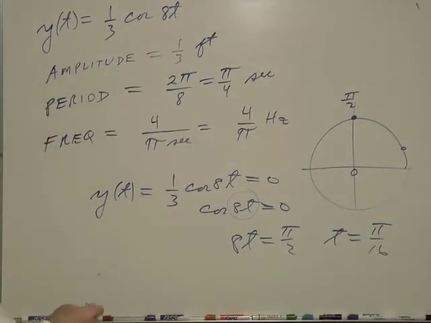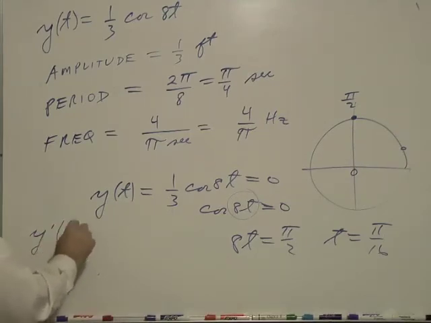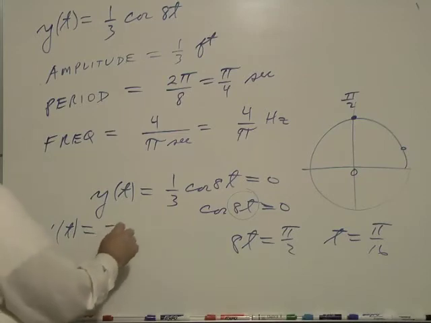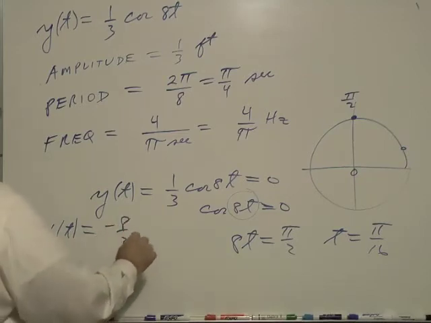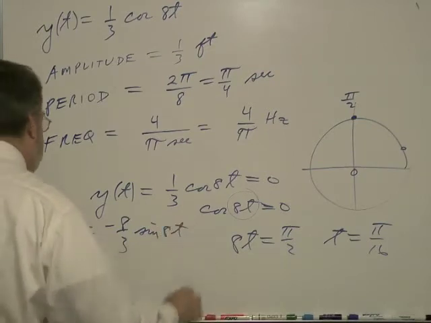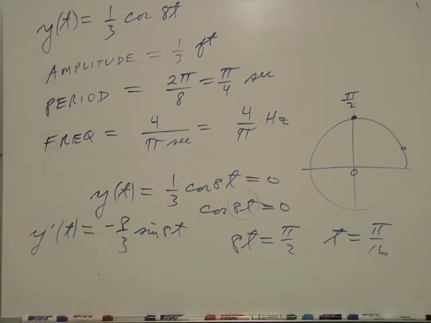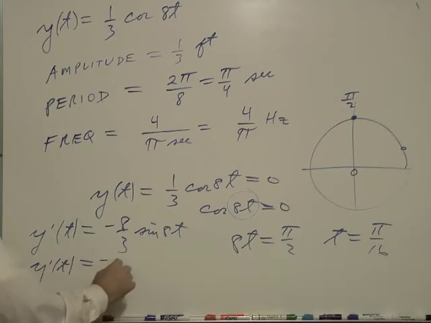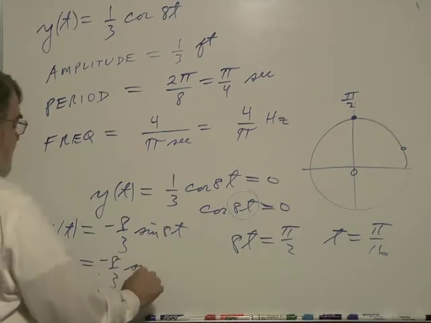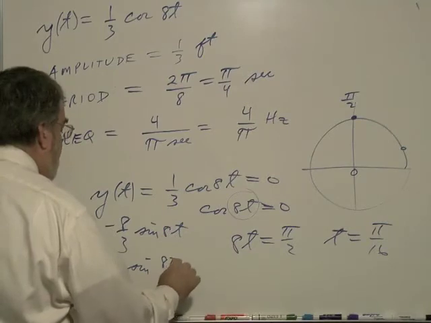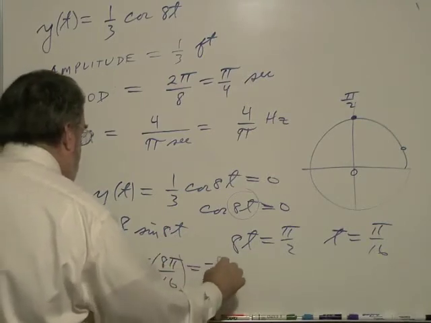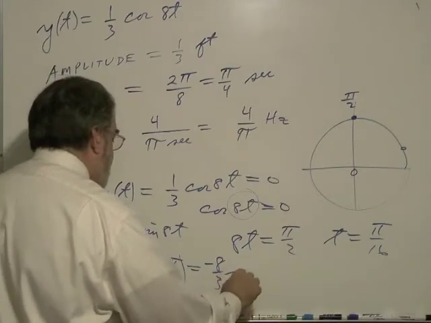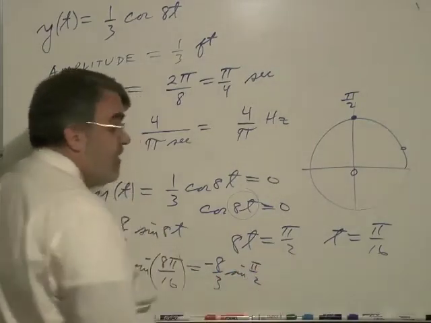So what velocity would that be? Well, the velocity is the first derivative. So the first derivative is going to be minus 8/3 sine 8t. And so if I plug that time in there, y prime of t would be minus 8/3 times the sine of 8 times pi over 16, minus 8/3 sine of pi over 2.